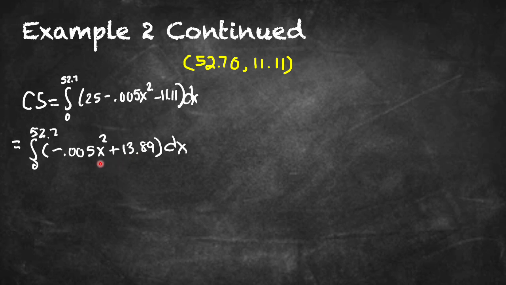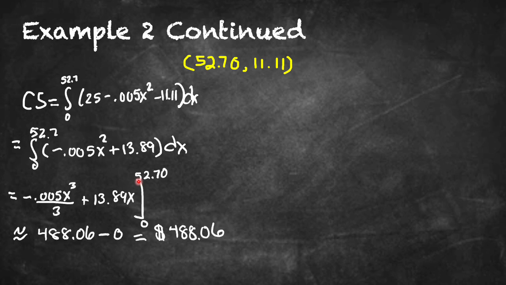So now we have it set up a little bit easier. And we're going to find the antiderivative of negative 0.005x squared plus 13.89. When we find the antiderivative, we're going to get negative 0.005x cubed divided by 3 plus 13.89 times x.